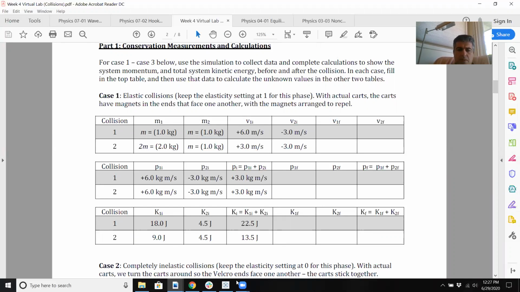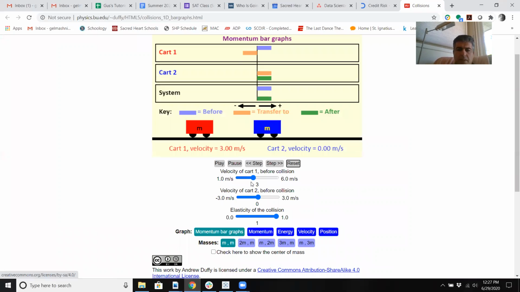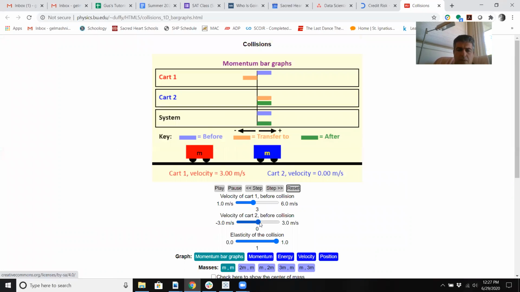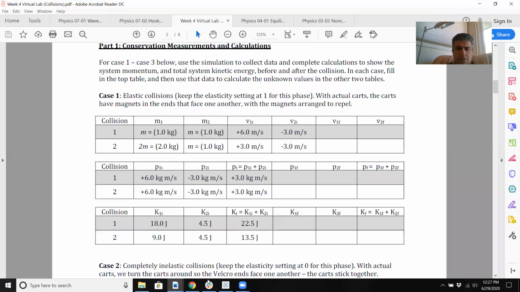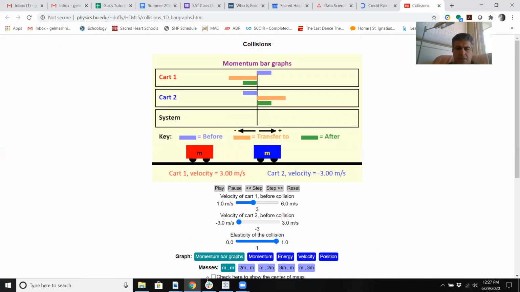The other 2 tables. All right, so let me go back to the simulation again. So we are going to set this one to -3, and we're going to set that one to +6.